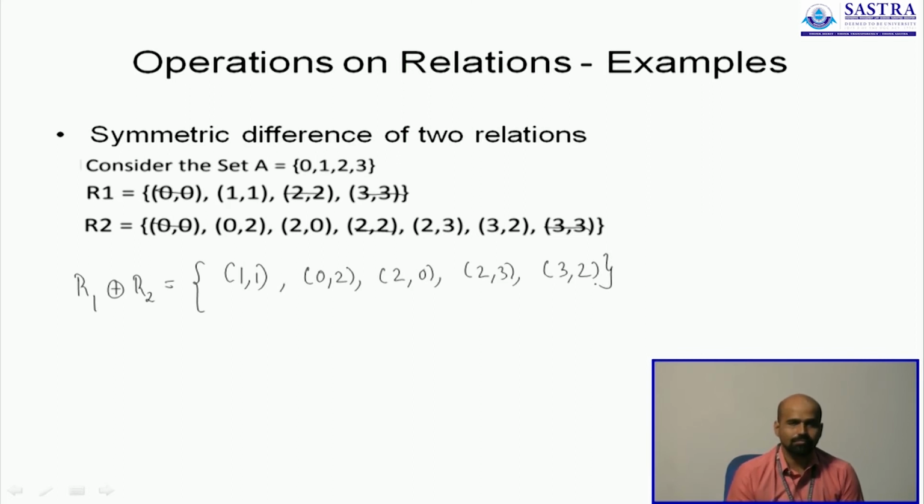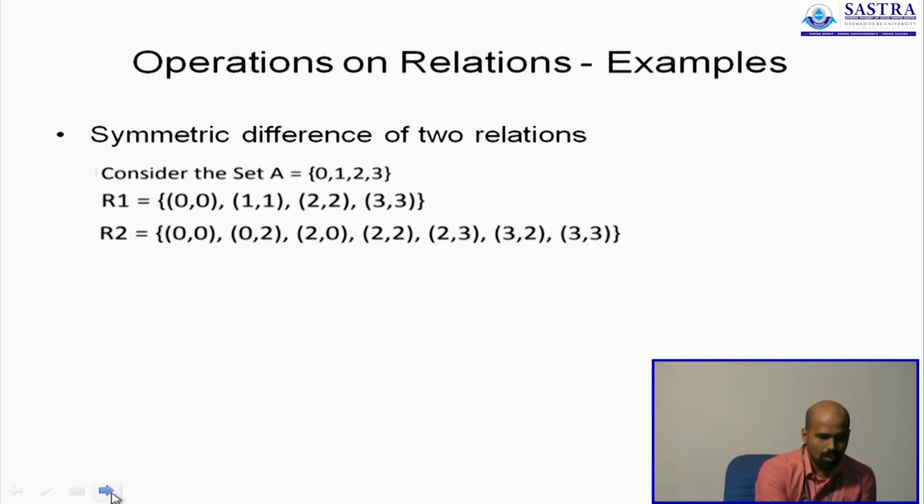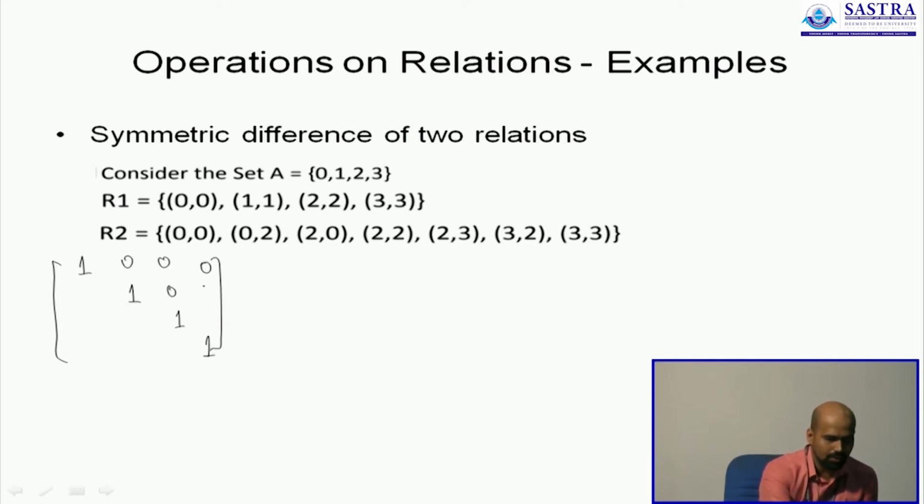But like I told you, we can get the same answer using the idea of matrices as well. How do you do this using matrices? We will write down the matrix for R1 as usual: 0 0, 1 1, 2 2, 3 3. All 4 other entries are zeros.